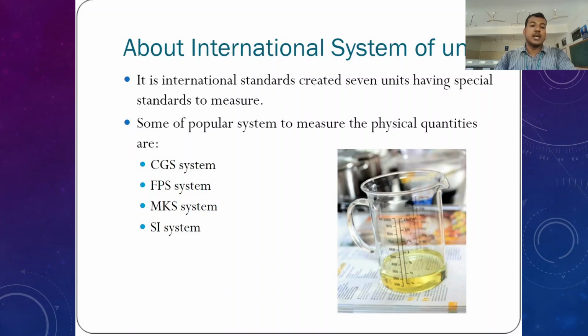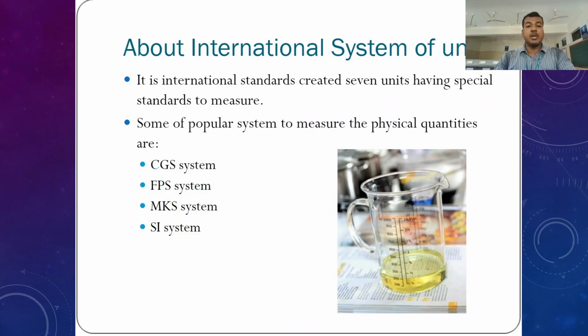The first one is CGS, that is centimeter gram second system. The second one is FPS, that is foot pound system, and the third one is MKS, that is meter kilogram system, and the last one, the most important one, is the SI system. Normally we measure everything with respect to the SI system.